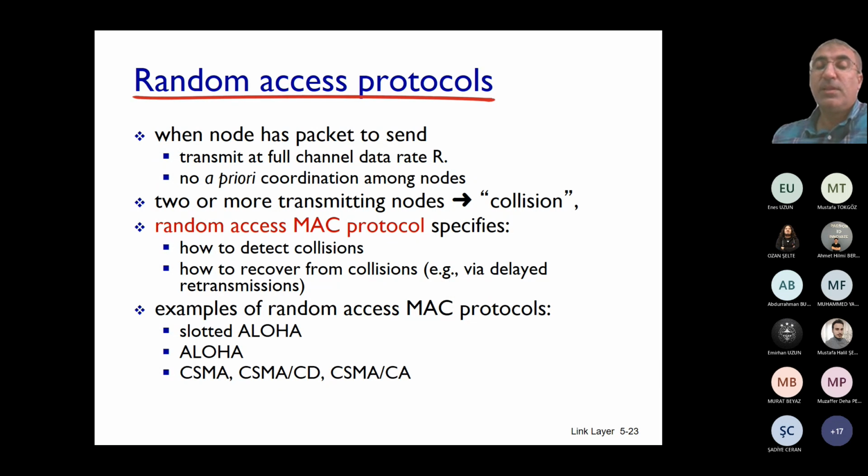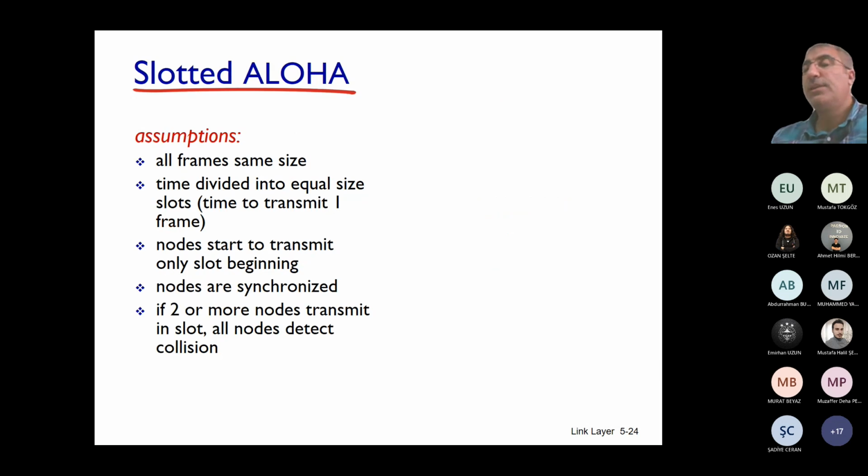CSMA is carrier sense multiple access. Let's look at all these three different random access protocols together, starting with the simple one, called slotted Aloha. In this protocol, we assume that all the frames have the same size and the time is divided into equal size time slots.